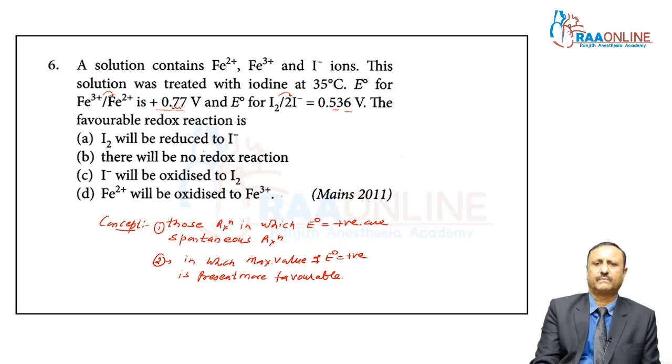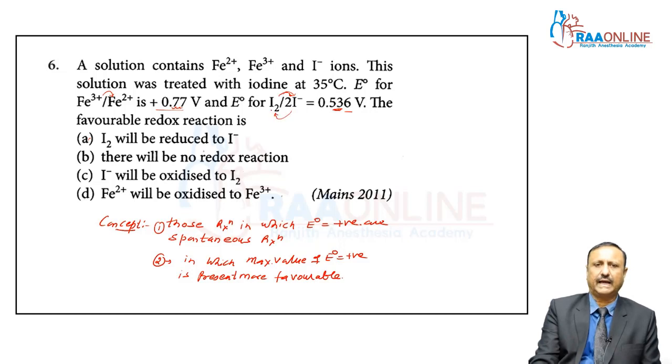But in this favorable redox reaction, my dear students, the option says iodine will be reduced to iodide ions. Here iodine is reduced to iodide ions, but that is not favorable, so it is not the correct answer. Or there will be no redox reaction. Or C, iodide will be oxidized to iodine. Yes, because the other direction is not favorable, it is oxidized.